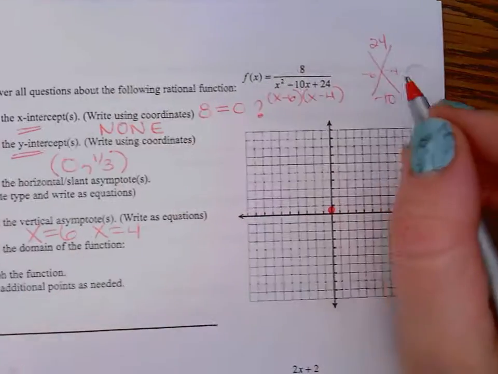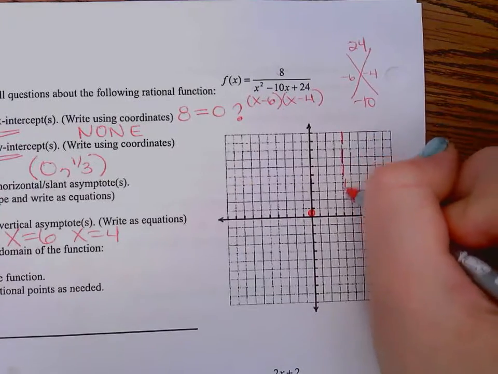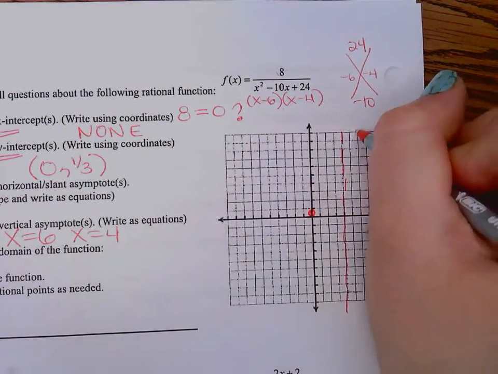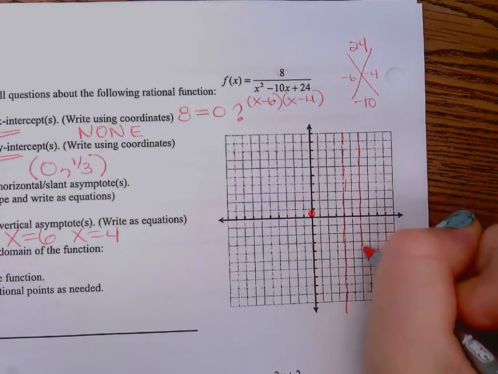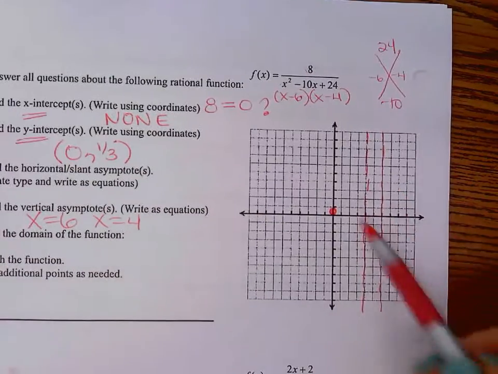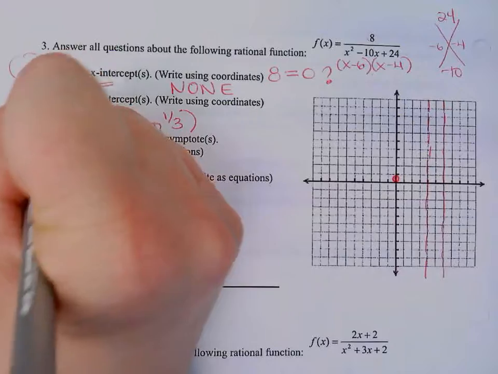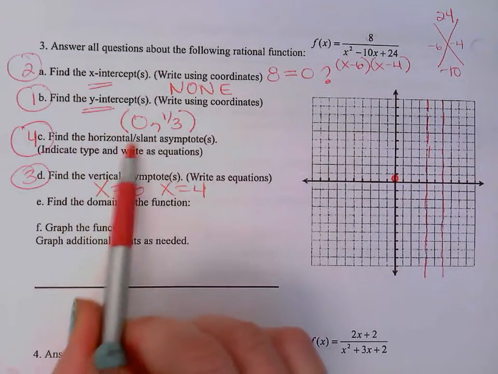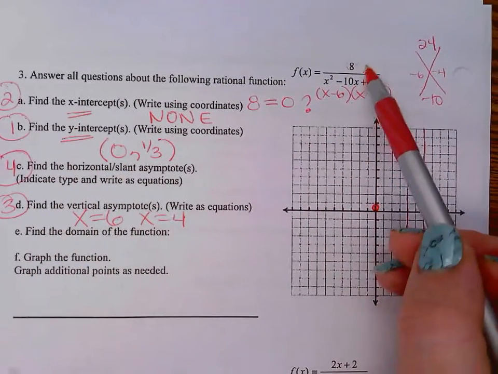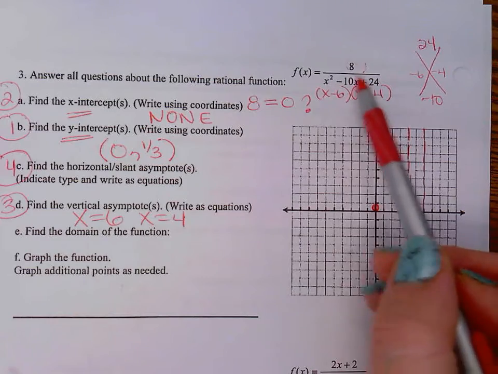Let's put those on our graph, because I can still do that part without looking at a calculator. I'm going to need a calculator to help me with all these different regions of the graph in a minute. Step 4, the horizontal or slant asymptote: this time the denominator is a bigger power for x.